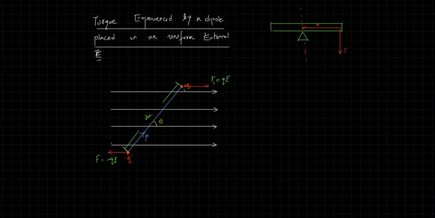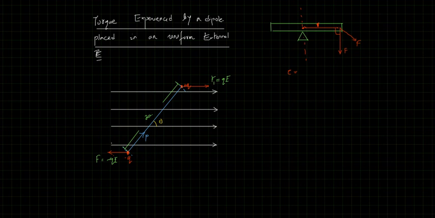You can see F, and this is the distance r. Torque is given as force into perpendicular distance. For torque you always have to consider the perpendicular force, not any other force. You may have applied the force like this, then we cannot take this force.